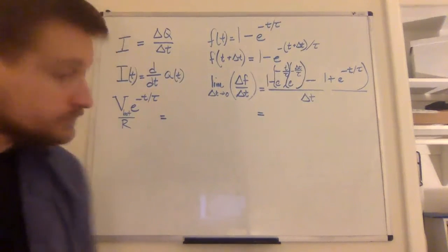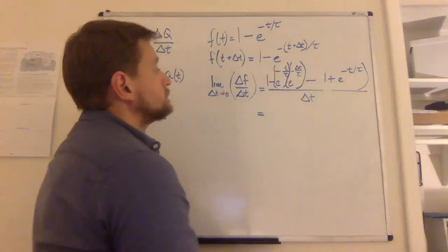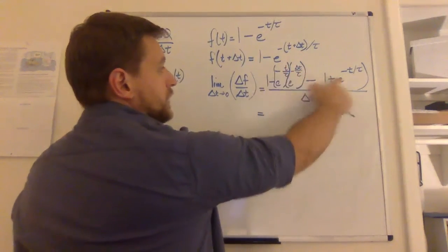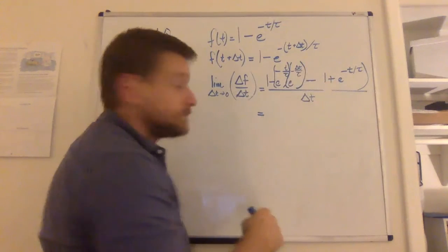1 minus 1, e to the negative t over tau shows up twice. Let's factor it outside.